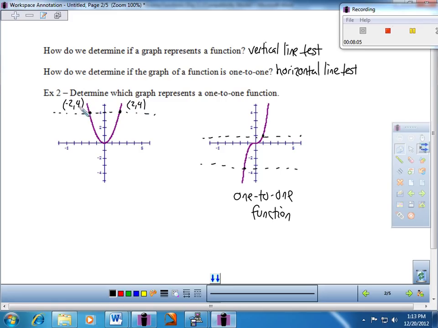Do you see that y value of 4? And do you see that it's coming from 2 different x's? If it comes from 2 different x's, it is not one-to-one. So it's a function, just not one-to-one. All right, I hope that works for you. So just a nice looking horizontal line test quickly to determine if the function is one-to-one.